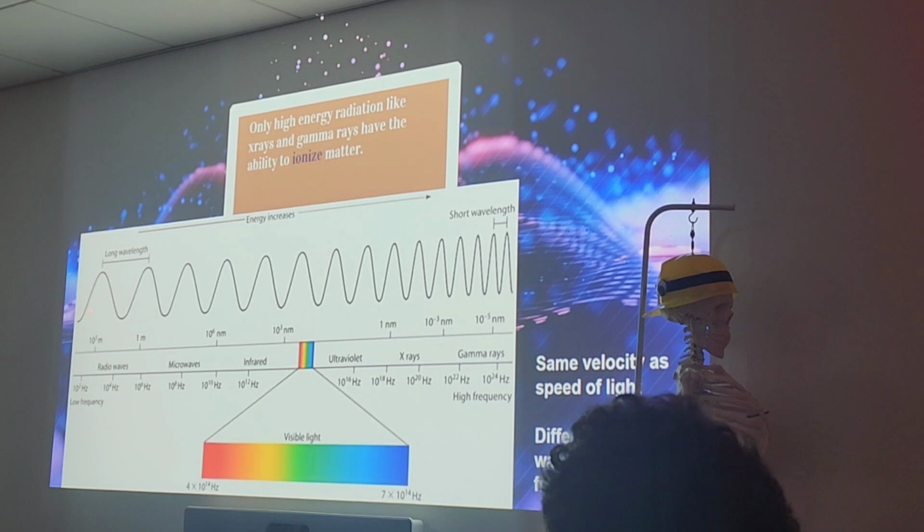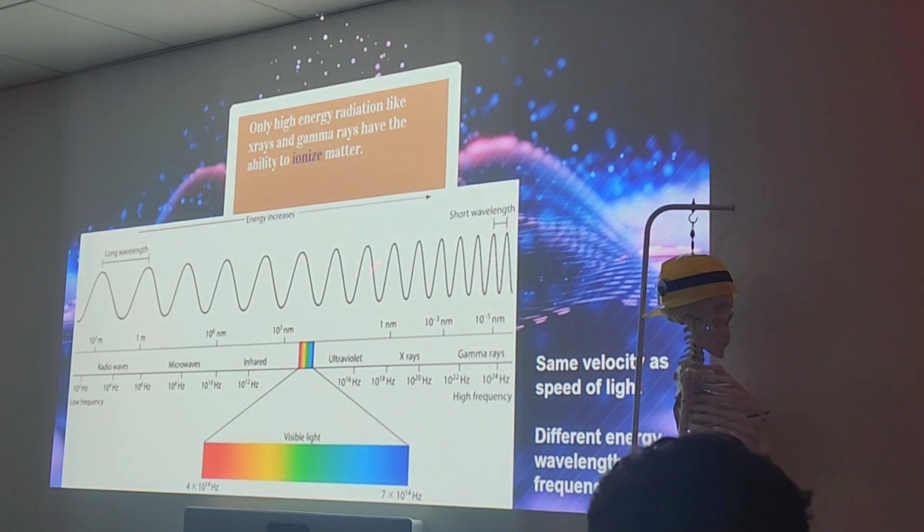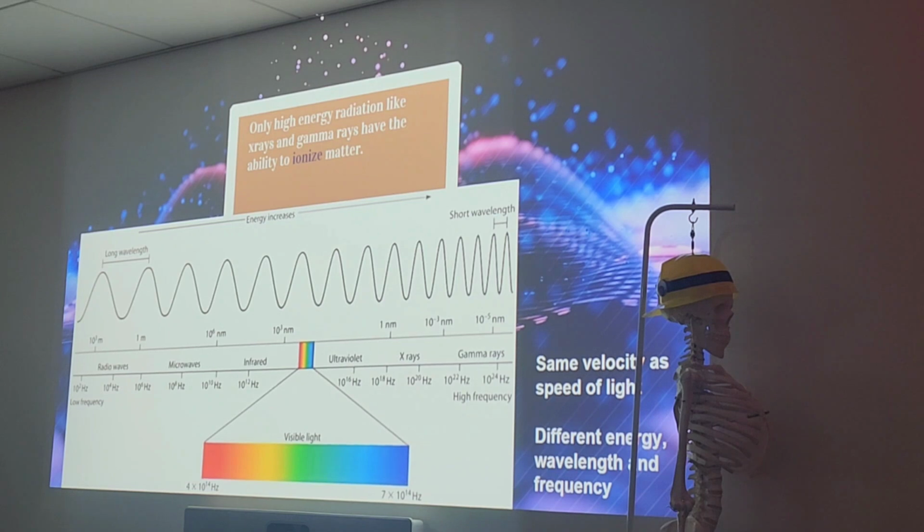So as we go from left to right, the energy increases. And if you take a look at the frequency, see how it's more frequent here? So as energy increases, our frequency also increases. We'll talk more about the relationship between those in a couple of slides. So it increases from left to right.